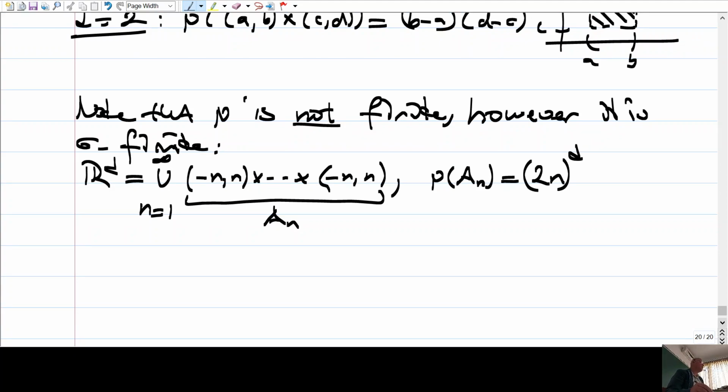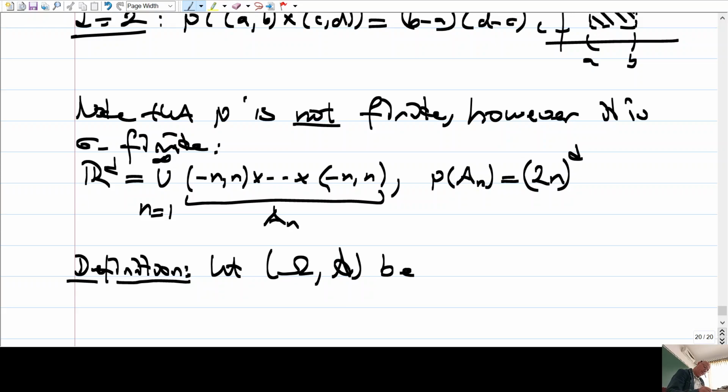Any questions so far? Okay, now here is another definition. Let (omega, A) be a measurable space.